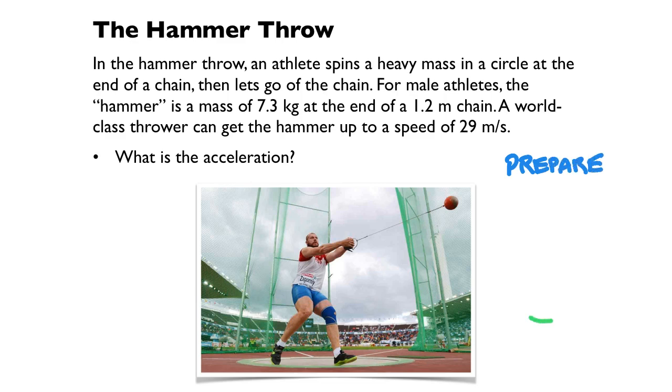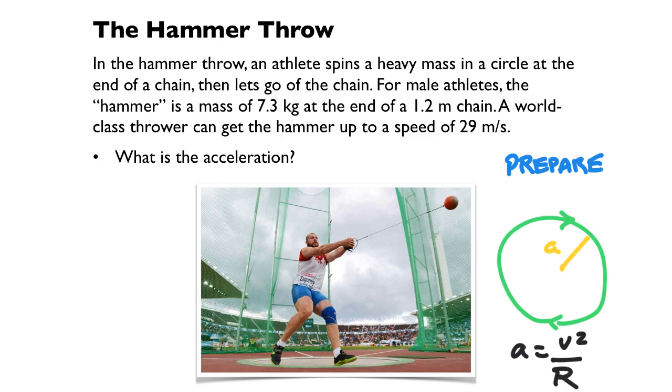I have an object moving in a circle at a constant speed. The acceleration is directed towards the center, and the magnitude of the acceleration is just given by the expression v squared divided by r. Okay? So in this case, we can actually solve for the acceleration. It's equal to v squared divided by r, and we have everything we need to be able to do that.